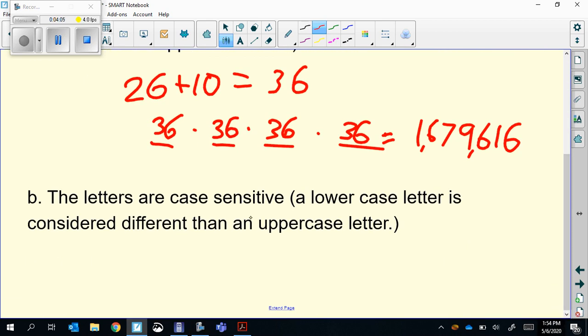Alright, so now the letters are case sensitive. Still, and I guess repeats are still allowed because it doesn't say differently. So if the letters are case sensitive, that means instead of 36, there's going to be an additional 26, because you can use each uppercase letter or lowercase letter. So that is 62 in each position.